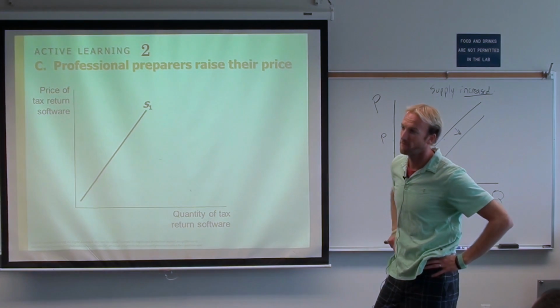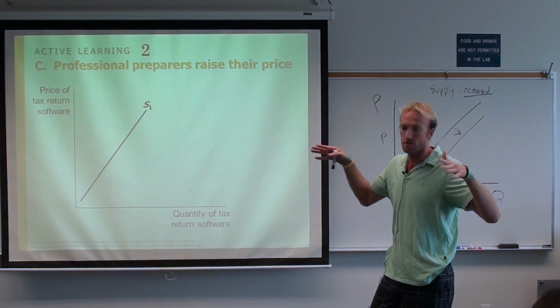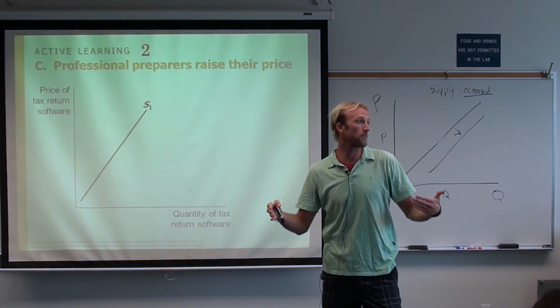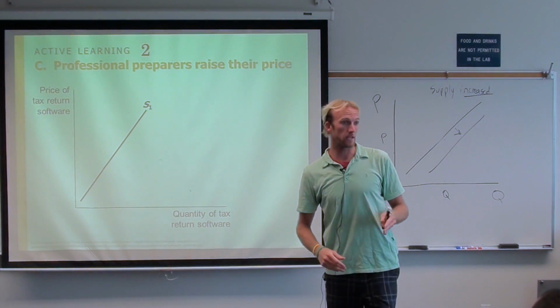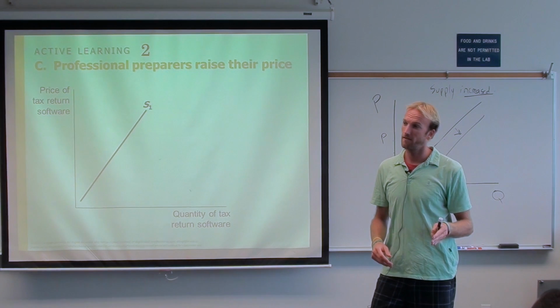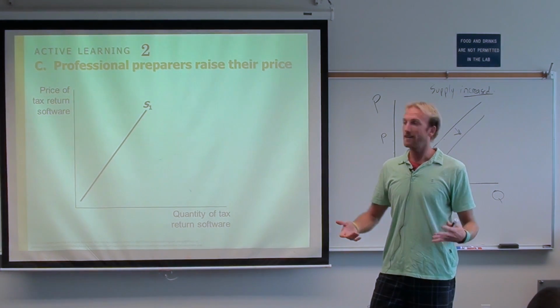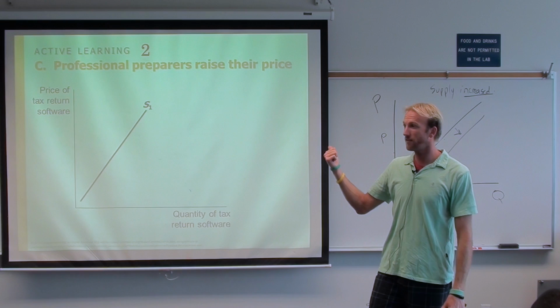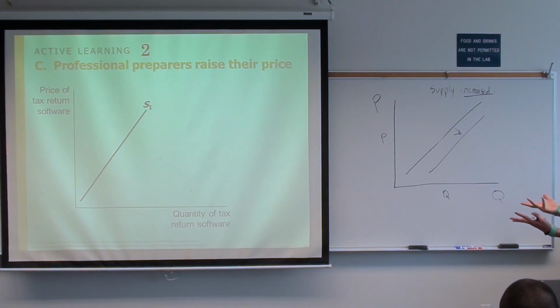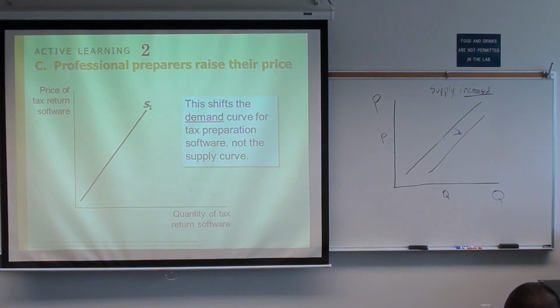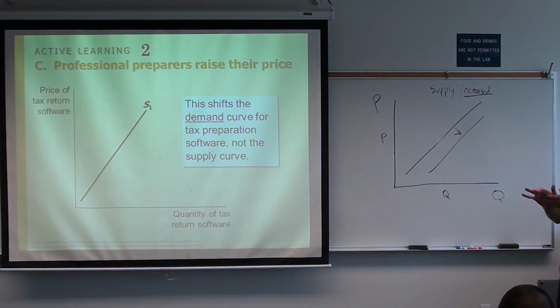This is a trick. What's the only thing that changes? We went over it just about 7 minutes ago. What's the only thing that changes when substitutes change their price? What curve? Demand curve, right? Does the supply curve even change at all? No, right? It has nothing to do with it, right? It's just the demand curve, not the supply curve. Okay? That makes sense to everybody?